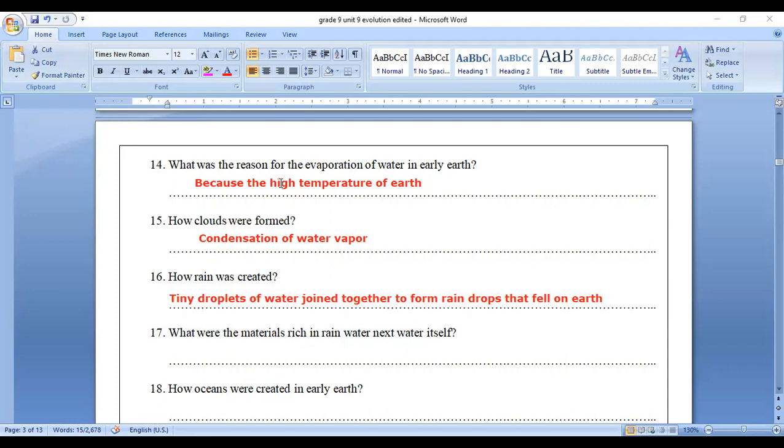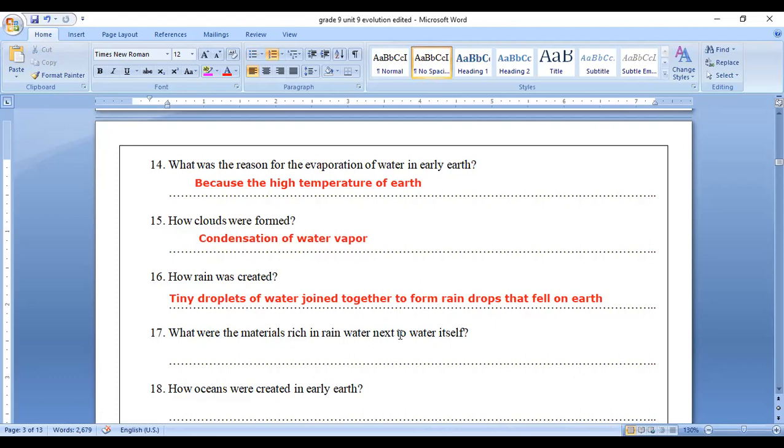What were the materials rich in rainwater next to water itself? There is a grammatical mistake here; it should be "next to water itself." So after water, what is the material rich in the rainwater? Check and tell me.